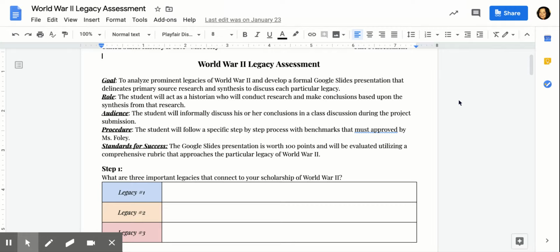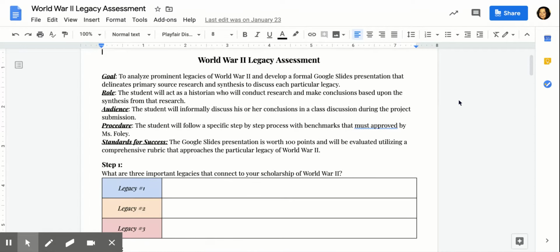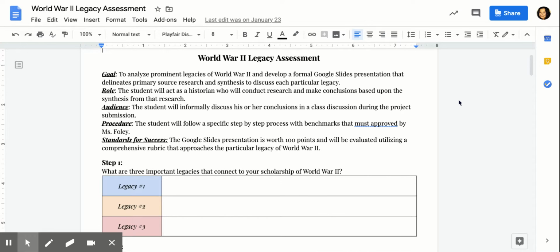The first thing that you want to do is think about three legacies that are important to World War II. A legacy is something that you are remembered for. Usually when somebody thinks of World War II, they might think of the Holocaust, or Pearl Harbor, or the dropping of the bombs, or the motivations of the Germans.